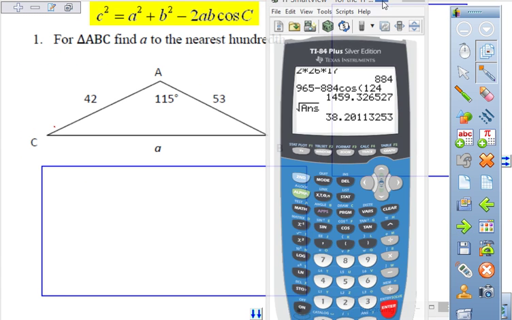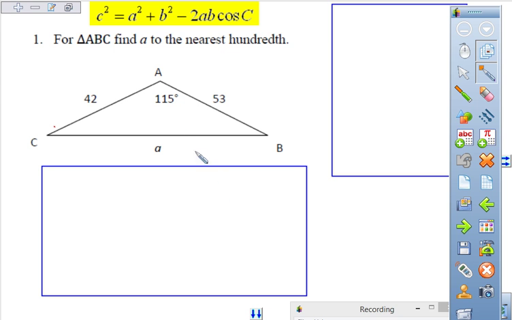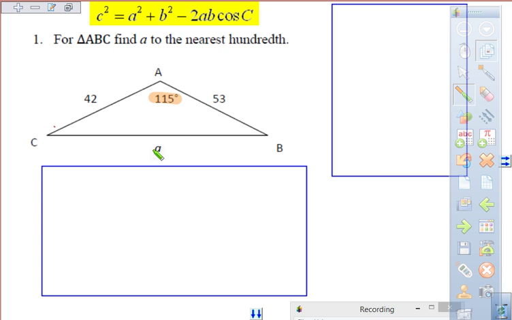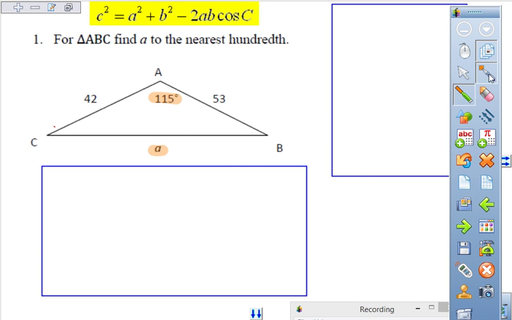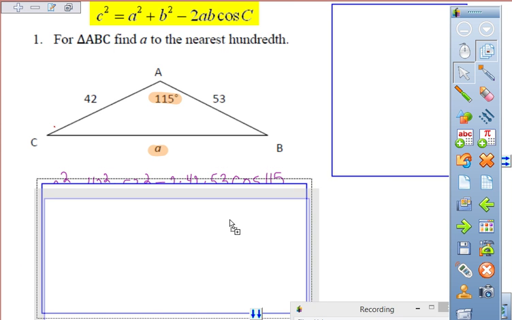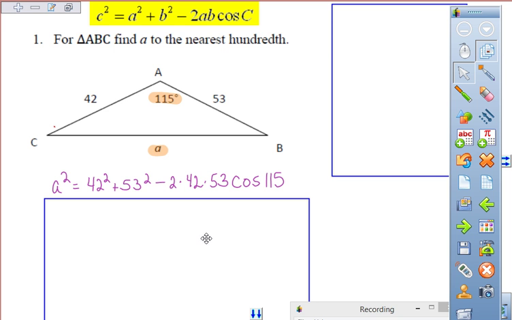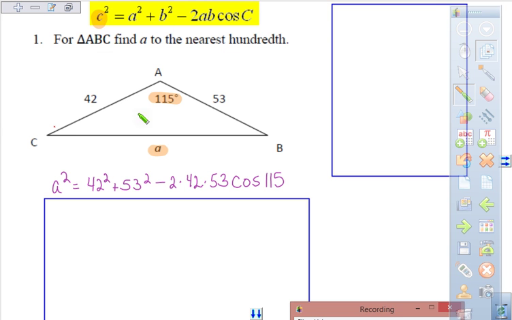Let's try another one. For triangle ABC, find a to the nearest hundredth. Again, I'm just going to highlight the 115 and the a, because those have special spots to go in. My a goes at the end here, and then my 115 will go in here.